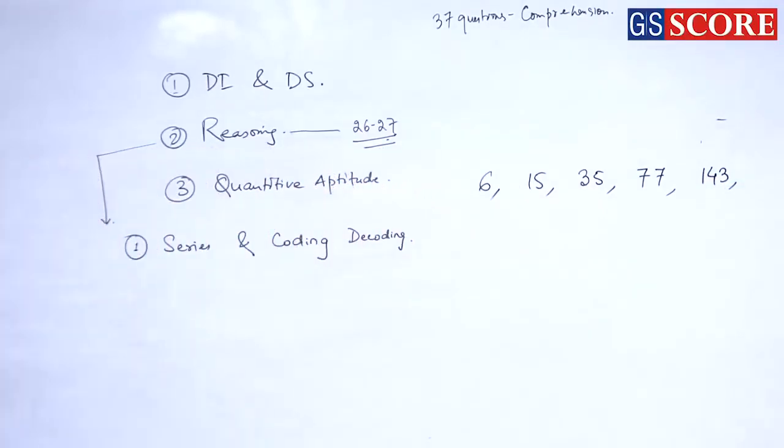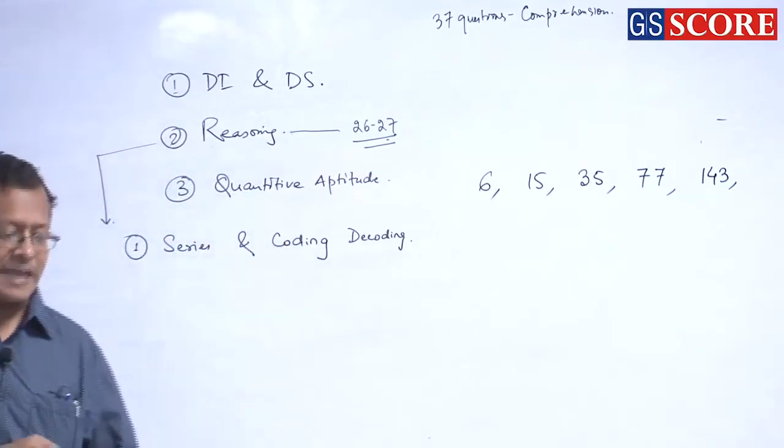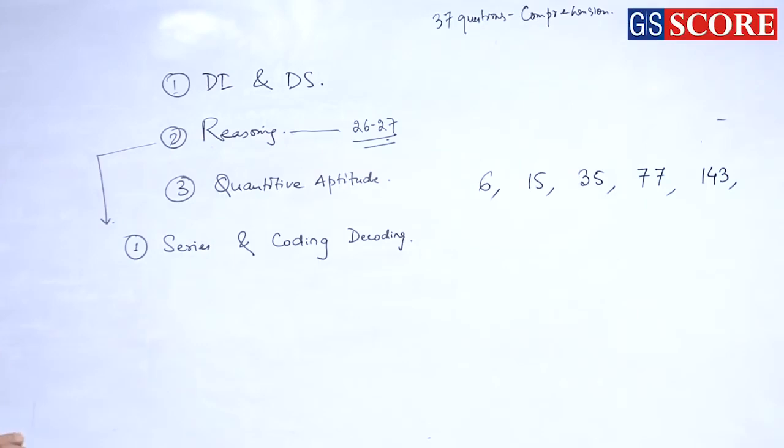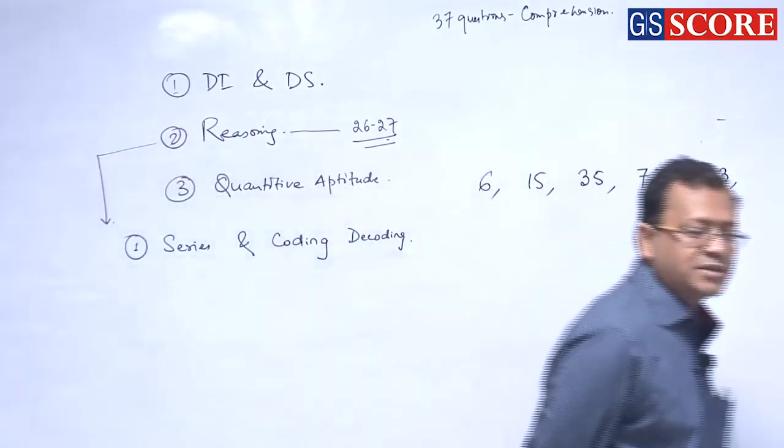Can you tell me what is the next number of this series? Think a little bit. It is a little tough one. Questions cannot be that easy. If the topic is very easy, the questions will be a little tricky to understand.